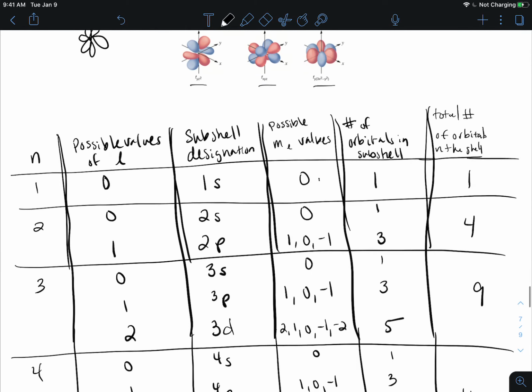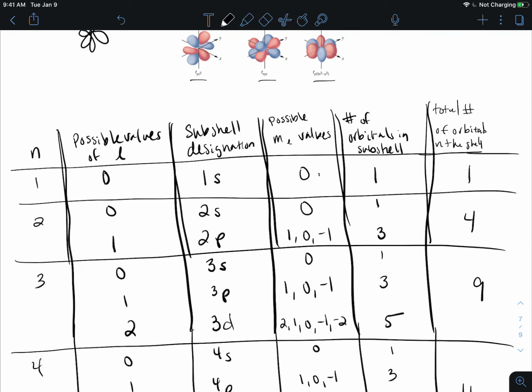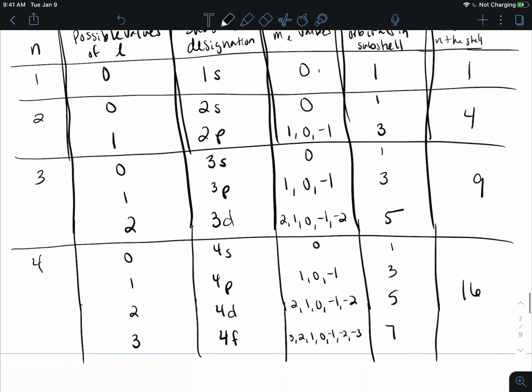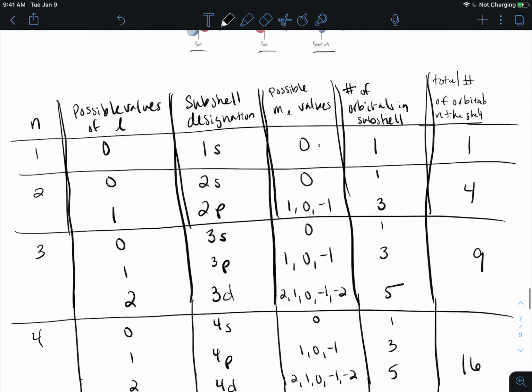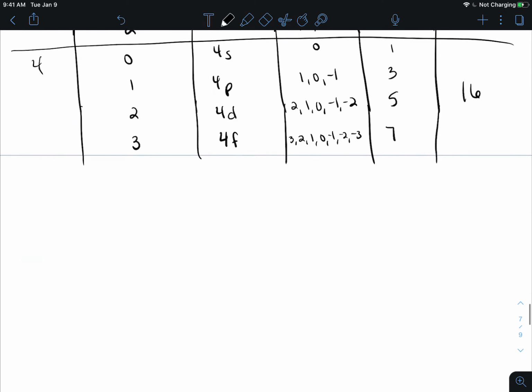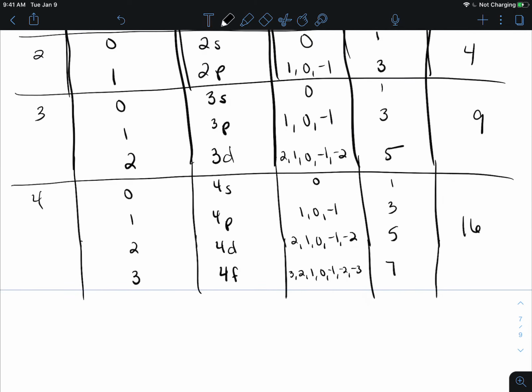We have 5 for our d, so this could be 2, 1, 0, minus 1, minus 2. And then 7 for our f: 3, 2, 1, 0, minus 1, minus 2, minus 3. So those are all our orientations for our orbitals right there. Okay?